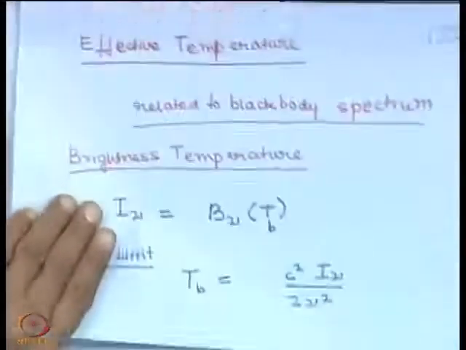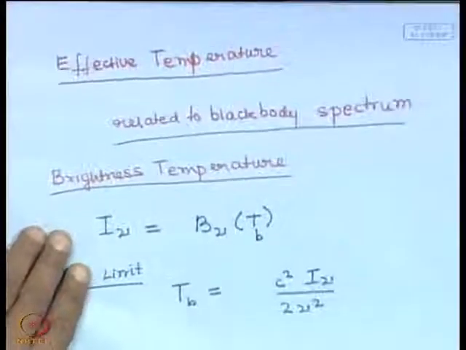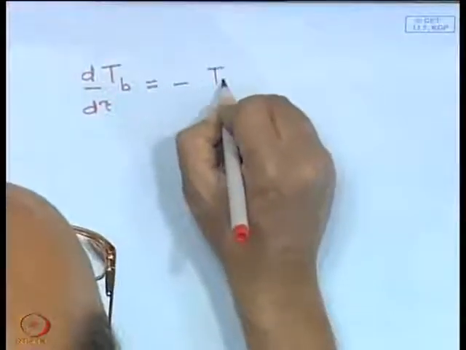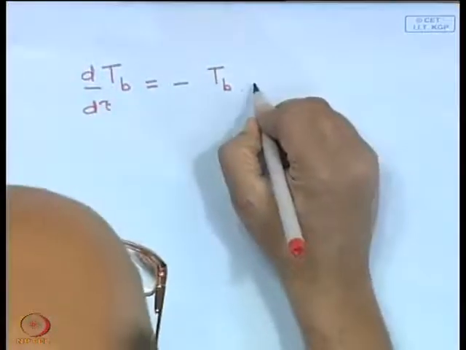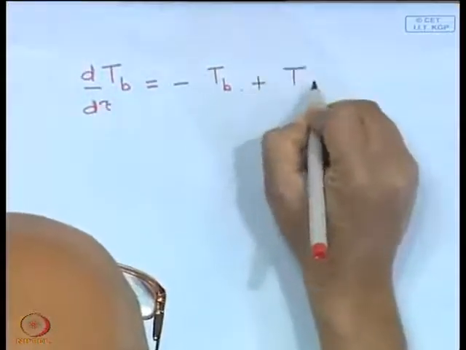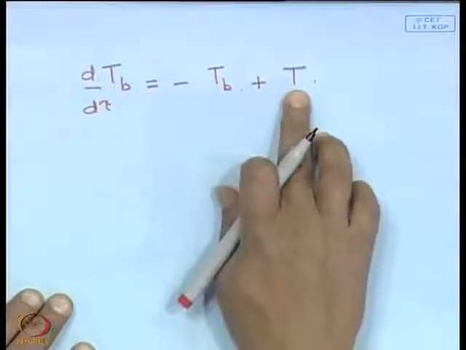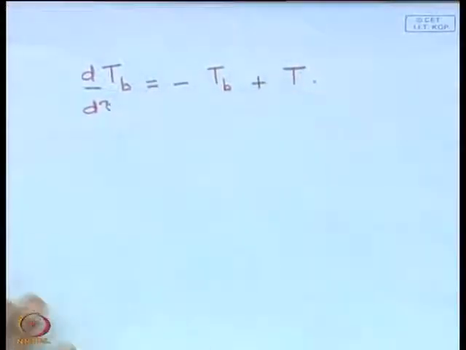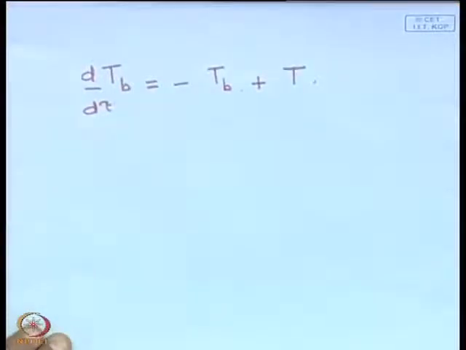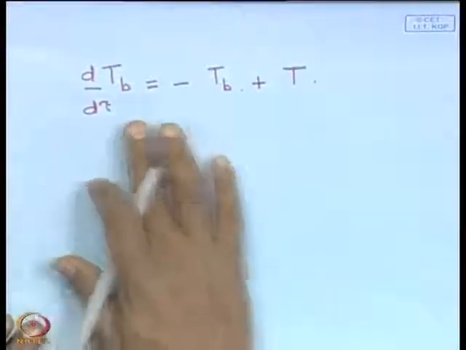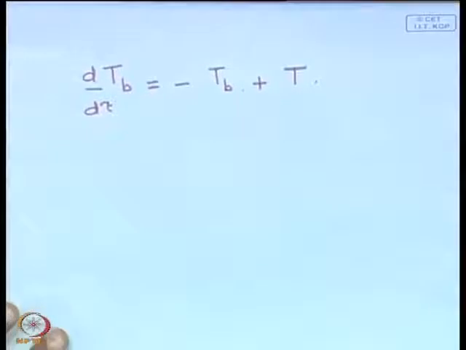There are all these multiplicative factors which will appear throughout. This is equal to minus Tb plus the temperature of the source. The source function gets just replaced by the temperature of the material through which the radiation is passing. Okay. So, the radiative transfer equation itself becomes much simpler if you use the brightness temperature in the Rayleigh-Jeans limit.